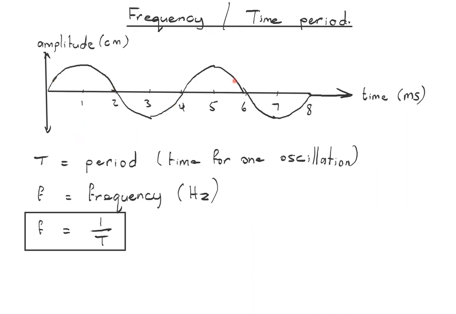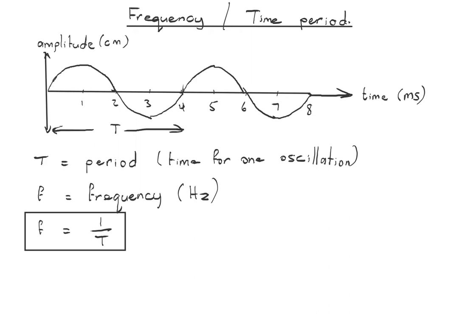One, two. And we know it's time period because the axis is time. If that horizontal axis was labeled distance, then it would be wavelength marked there. So time period, that might be a question we could be asked, is the time for one complete cycle.